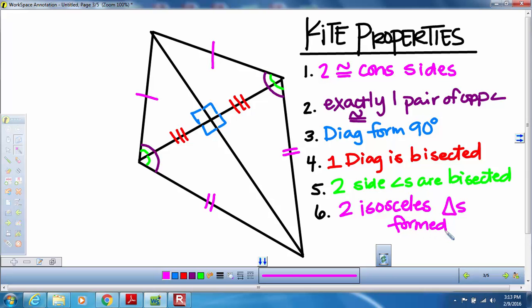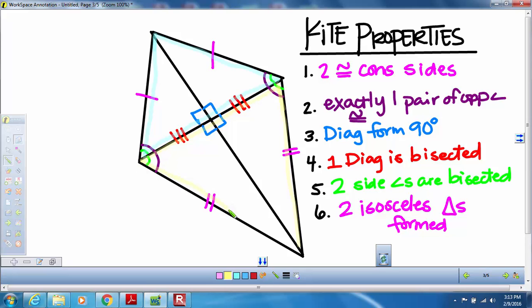So I'm going to highlight so you can see this. Here is the first one. So this would be our first isosceles triangle. And this would be our second isosceles triangle. And you can kind of tell this if you are already looking at the sides.